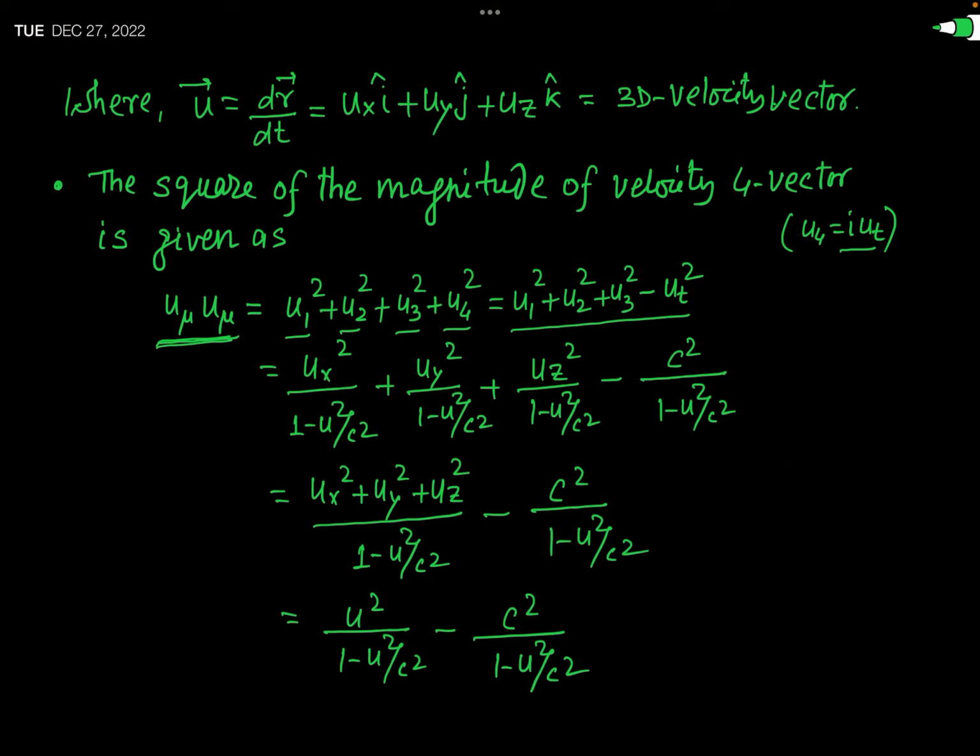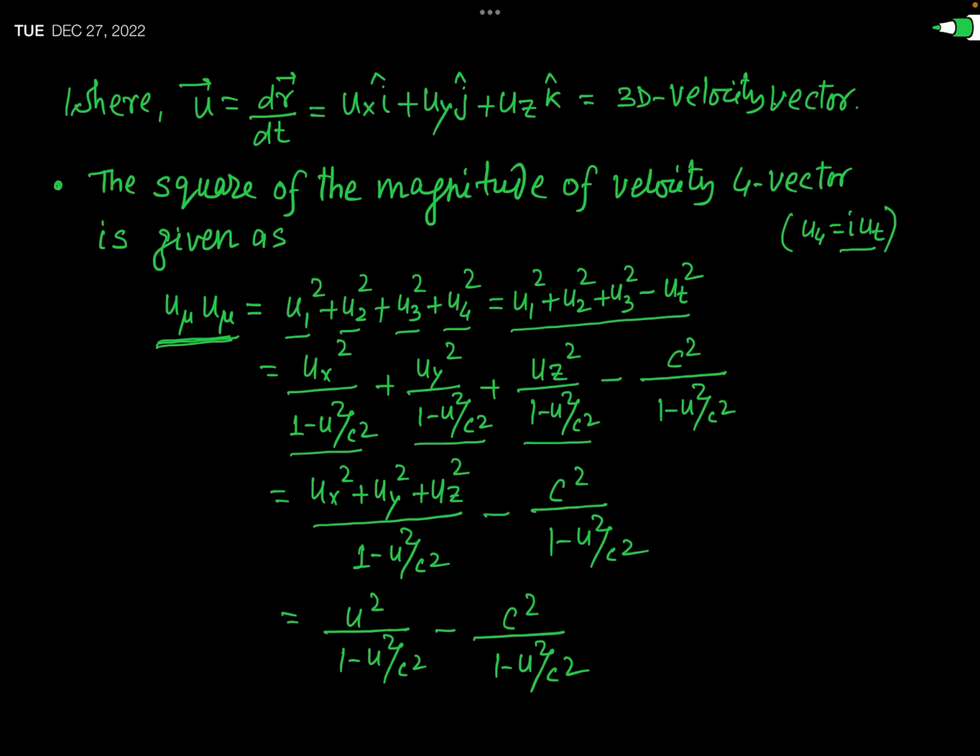Okay. Now let us substitute the values of these u1, u2, u3 and ut. You can see u1 is ux over root over 1 minus u square by c square. So when you square it, this will be simply ux square over 1 minus u square by c square. And u2 square will be uy square by 1 minus u square by c square. And u3 square is uz square by 1 minus u square by c square.